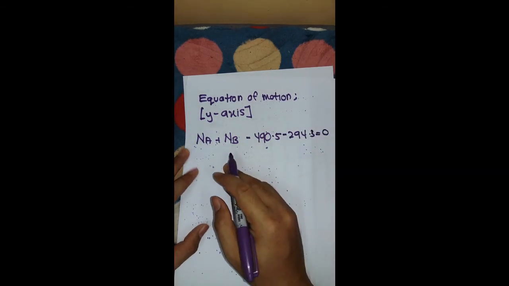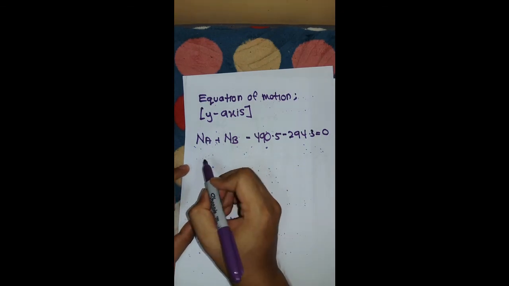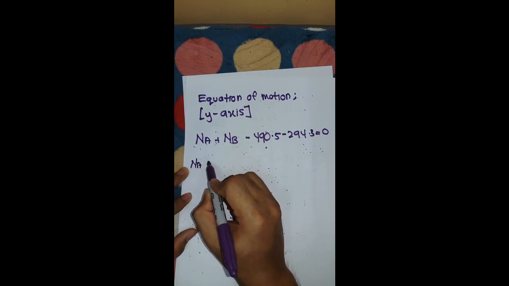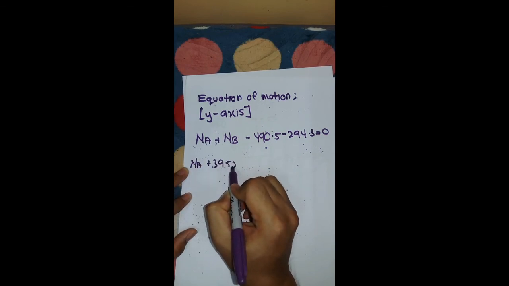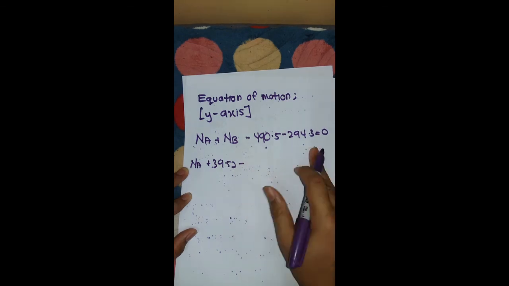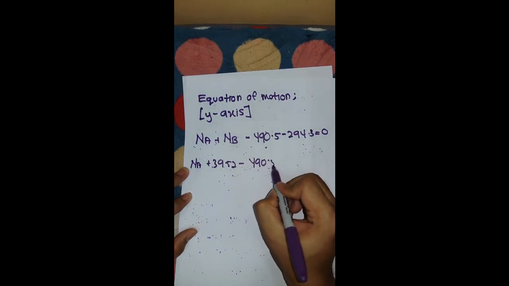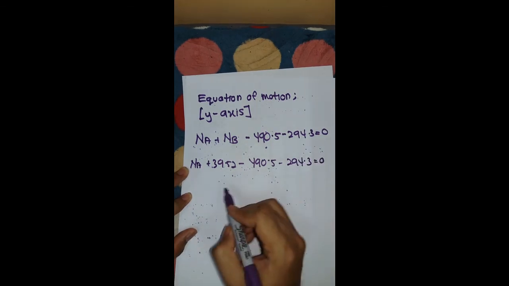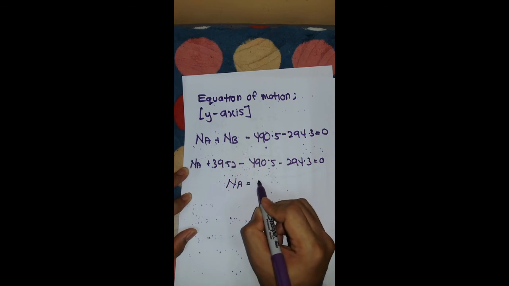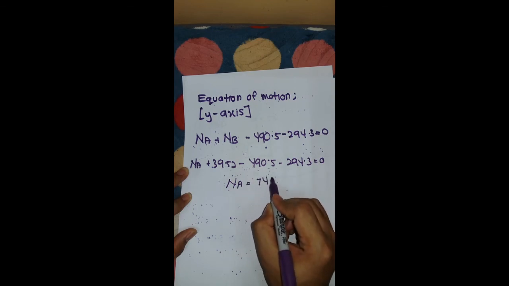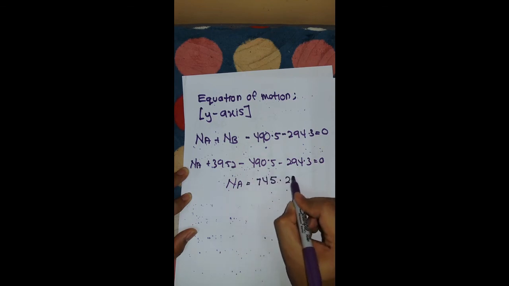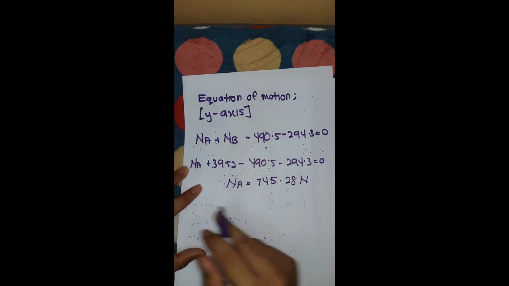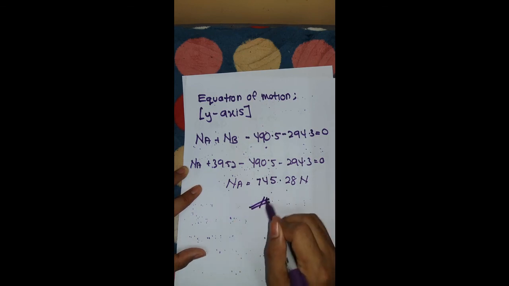So the previous one we get the NB. So the NB we're gonna put in this equation, so it's gonna be NA plus 39.52 minus all the above, 490.5 minus 294.3. So we can solve this equation. It's gonna be NA equal to 745.28 Newton. So you got the NB and the NA, so the equation is solved.